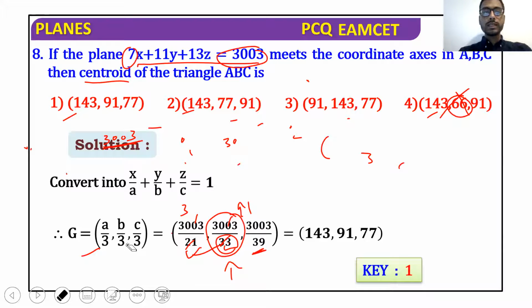Your A option has 143, 143, so there can be something common. But if you check your second terms, all of the second terms are different: 91, 77, 143 and 66. So if you just solve for the second term, you will get your correct answer. You don't have to solve for the first, second and third term. In this way, you will be able to save at least a minute, and that will be useful in your other questions.